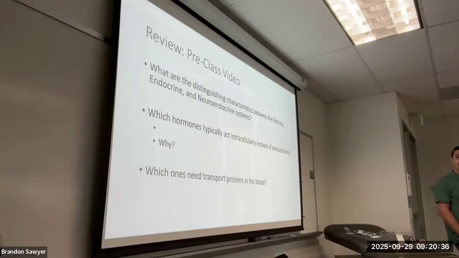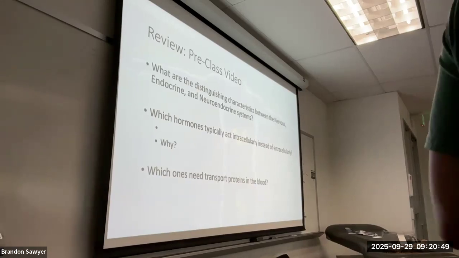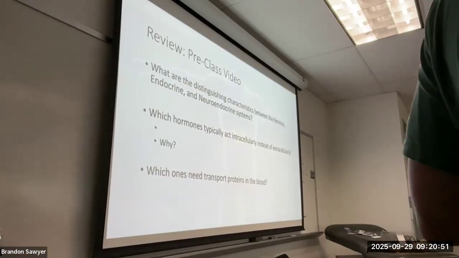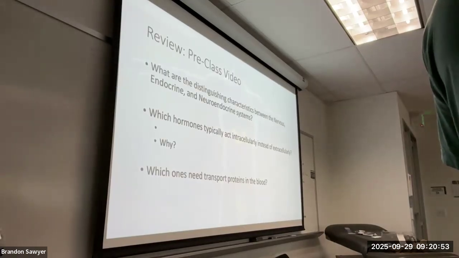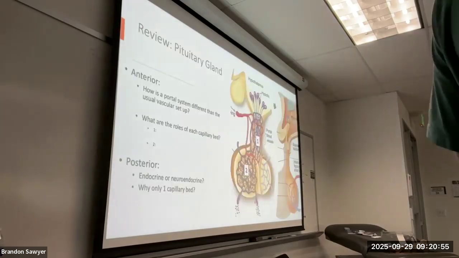Which ones typically act intracellularly instead of extracellularly? Extracellularly would mean binding to a receptor on the outside of the cell versus getting inside the cell somehow and then acting. So check on these things with each other real quick.